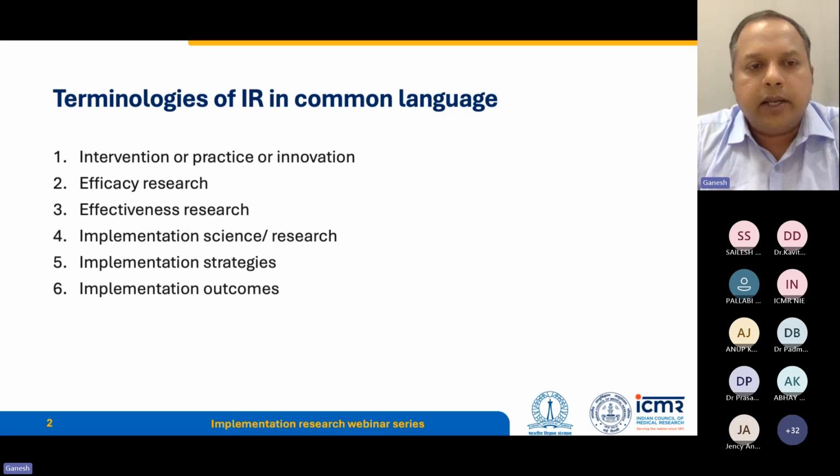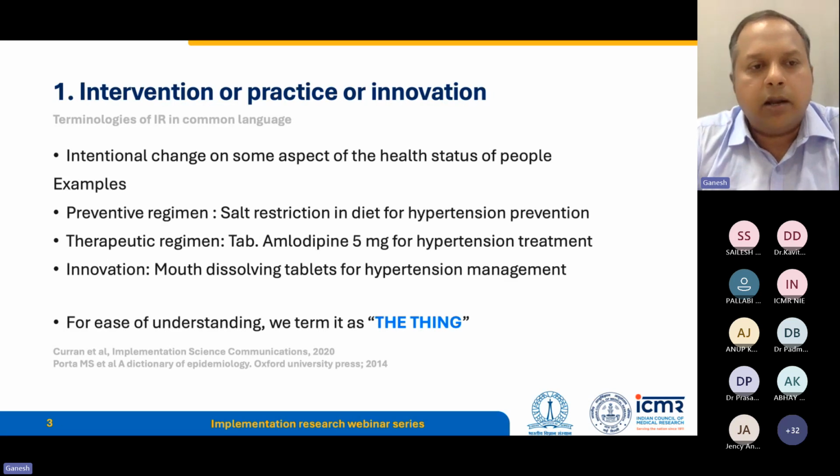When it comes to intervention or practice or innovation or program, what the Dictionary of Epidemiology mentions is that it is the intentional change on some aspect of the health status of the population. So intervention is an intentional change which is provided, in a study setting, by an investigator, or in a clinical setting by a healthcare provider, on some aspect of the health status of the population.